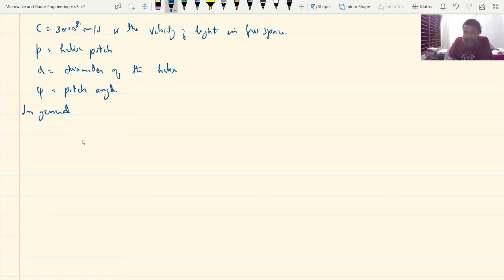So I will write in general, the helical coil may be within a dielectric filled cylinder.